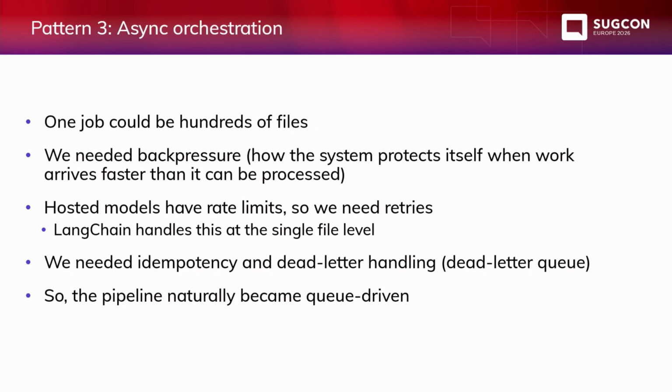So things like idempotency, and some jobs, some tasks will just fail regardless. And it's just one of those edge cases. So we don't want the system to jam up because of that. So just handling things like dead letter queues is kind of essential for a system like this. And so the pipeline naturally became queue driven.